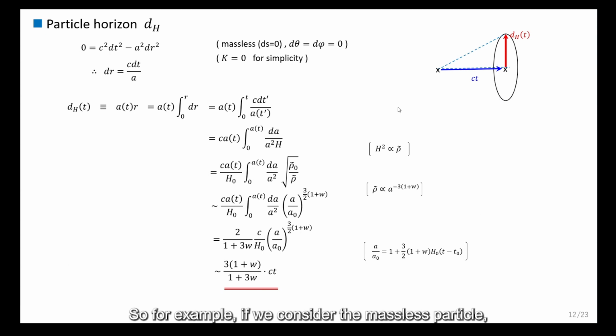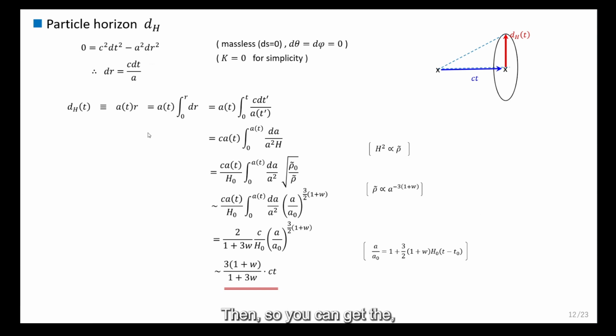So, for example, if we consider a massless particle, then using a line element, sorry, I use k equals 0 here for simplicity, and also we just use the radius change, but don't use the angle change. Then this relation gives the relation between dr and dt like this. The definition of the particle horizon is just to integrate over this line element.